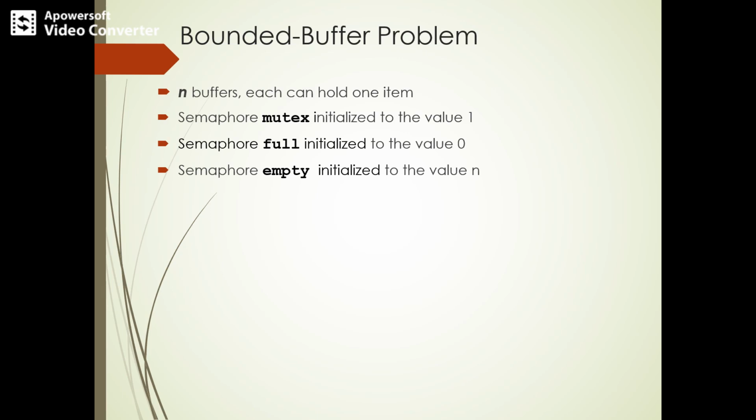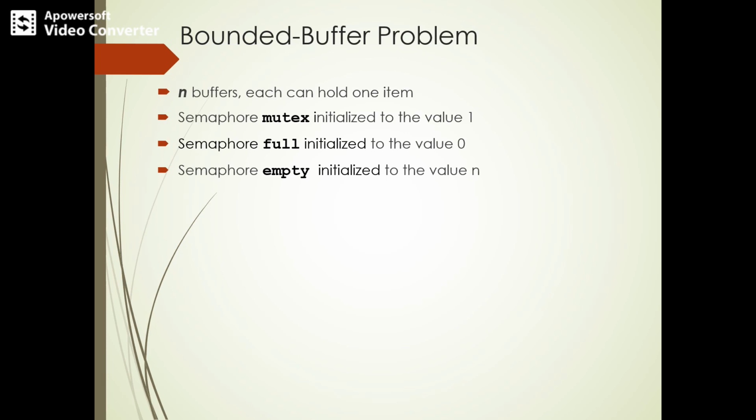This is commonly used to illustrate the power of synchronization primitives. Let's consider a pool of n buffers, each holding one item. Here we have three semaphores: mutex, empty and full.